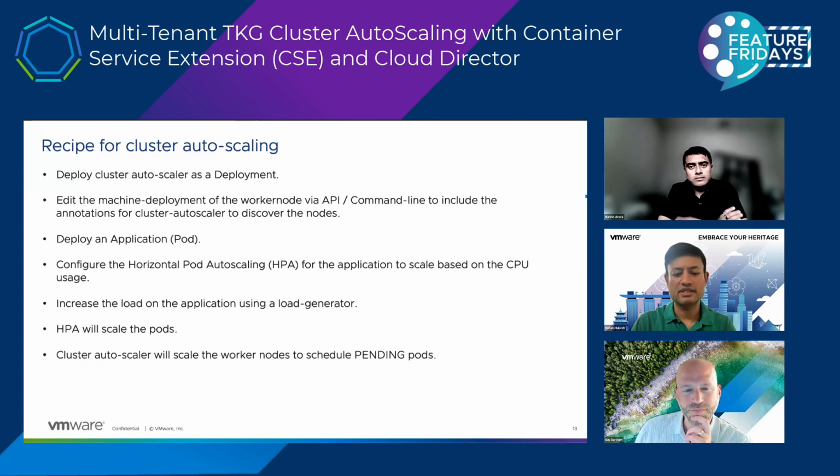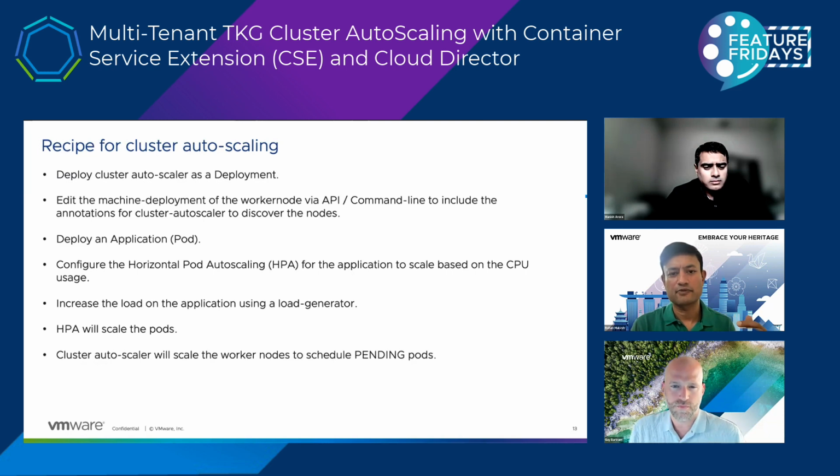Right. Now, in this particular slide, what we are trying to show is kind of a recipe of how to deploy the cluster autoscaling, and also from the application point of view, how do you trigger the cluster autoscaling? So the first step would be to deploy the cluster autoscaler as a deployment in Kubernetes. Then the second step would be to edit the machine deployment of the worker node pool.